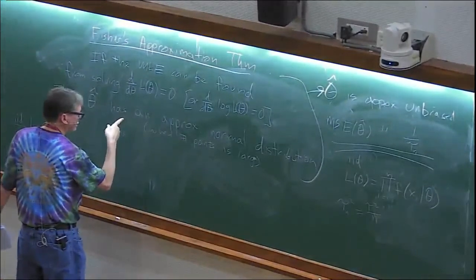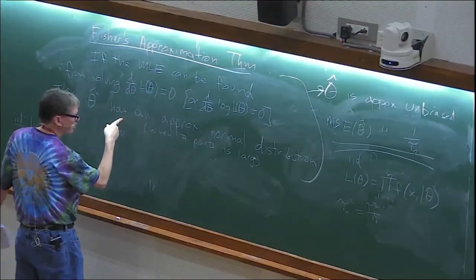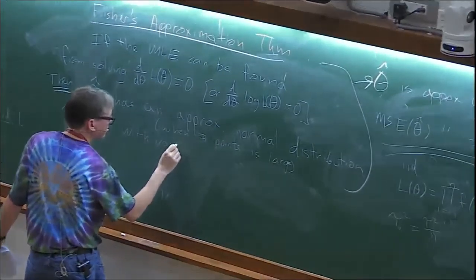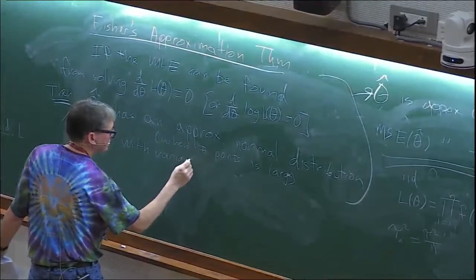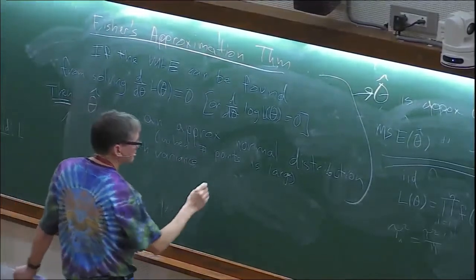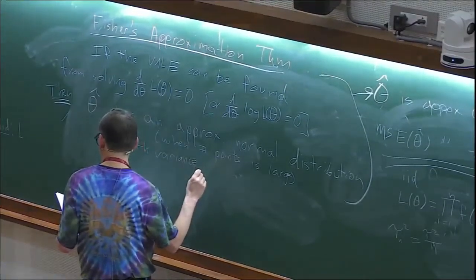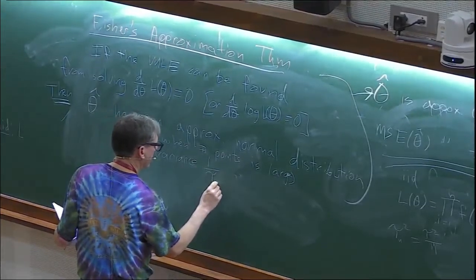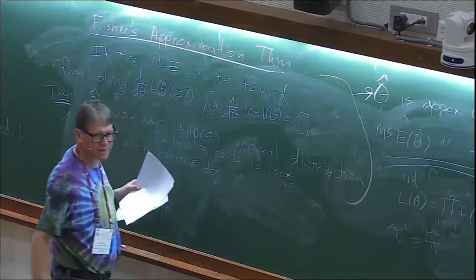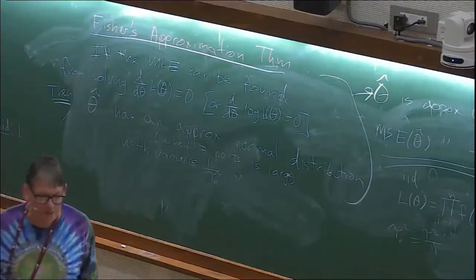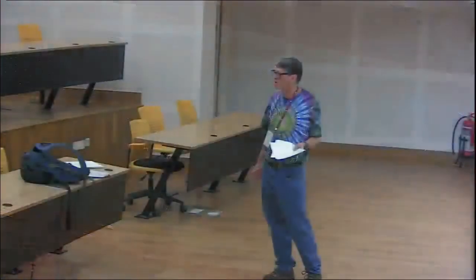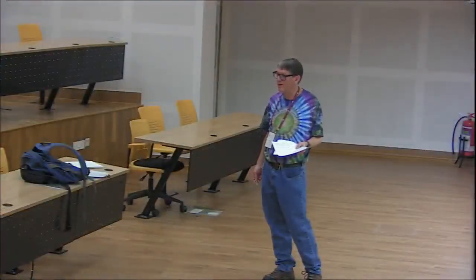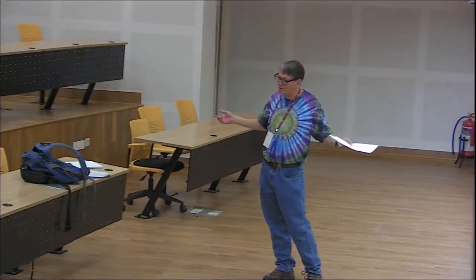Theta hat has an approximately normal distribution with variance 1 over tau sub n squared. Thank you so much for asking me that, because this is the whole key to the point. See, I'm building up the suspense.